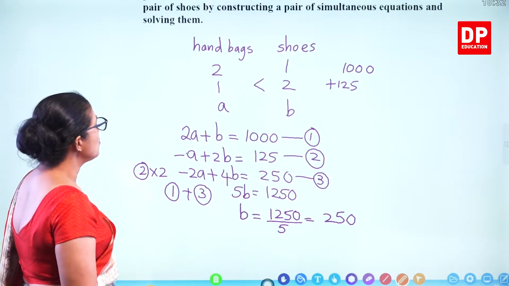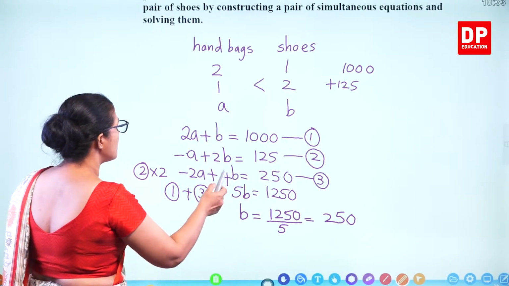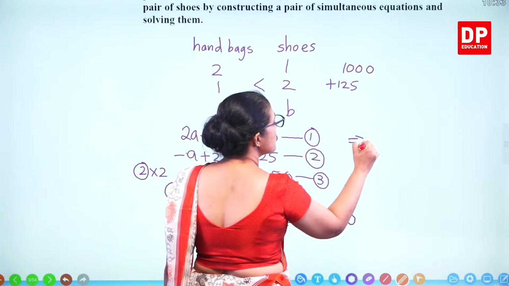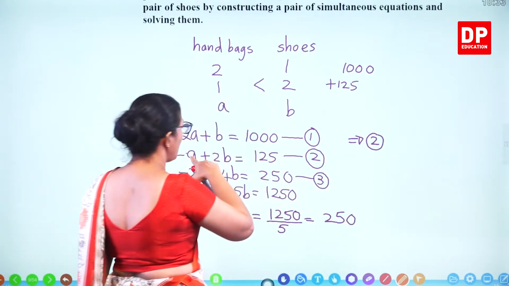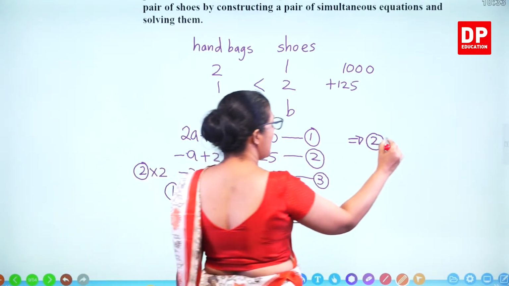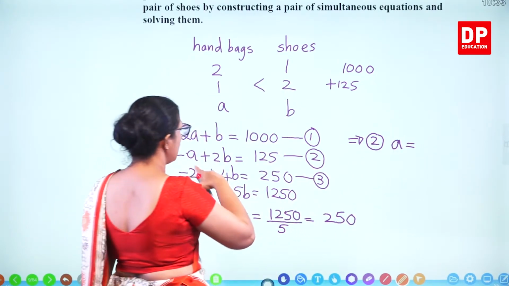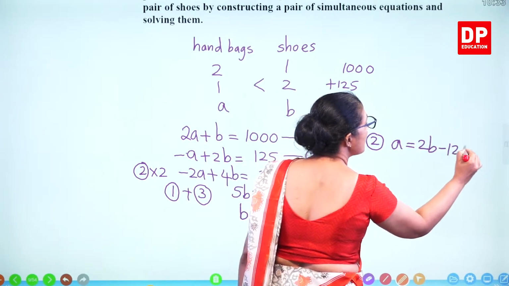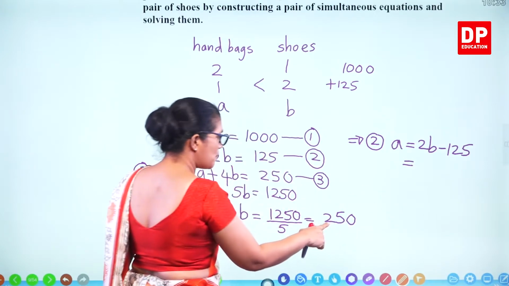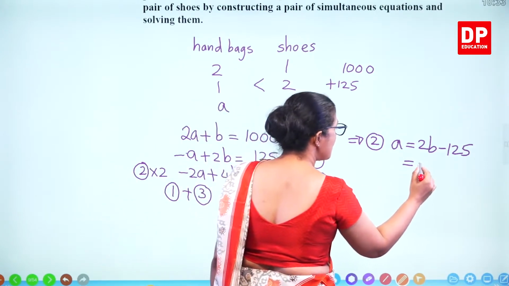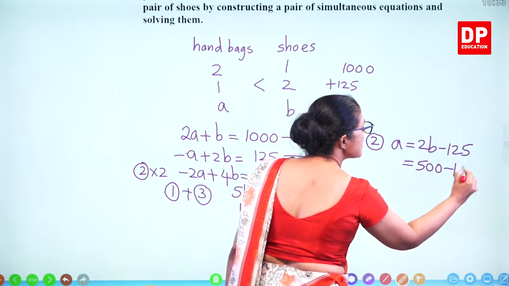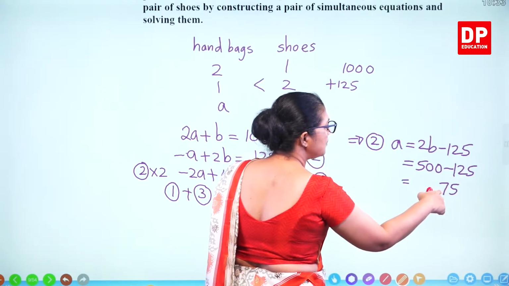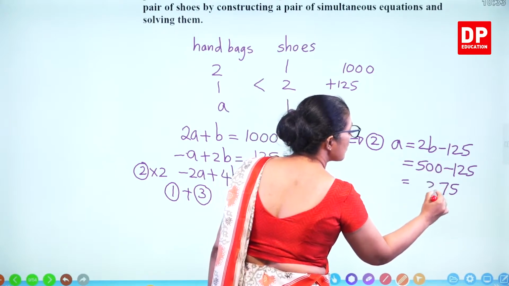Now you can use any equation. I'll use second one. Using second one, what's a? Straight away I can find a is 2b minus 125. So 2 times b means 2 times 250 is 500 minus 125. So I get 375 here.